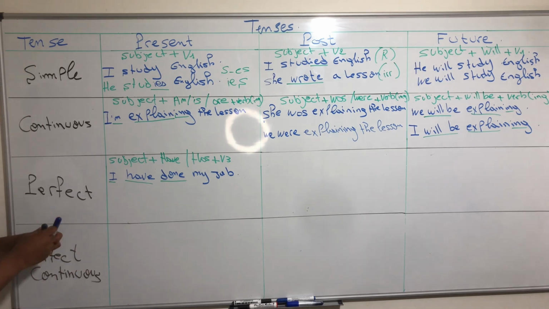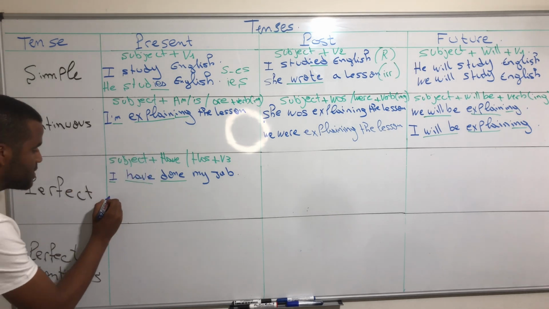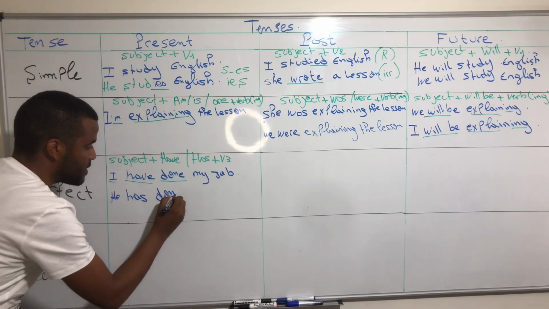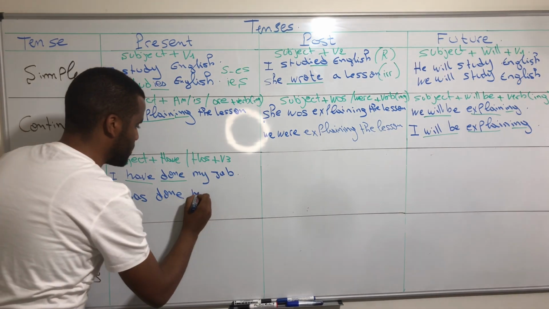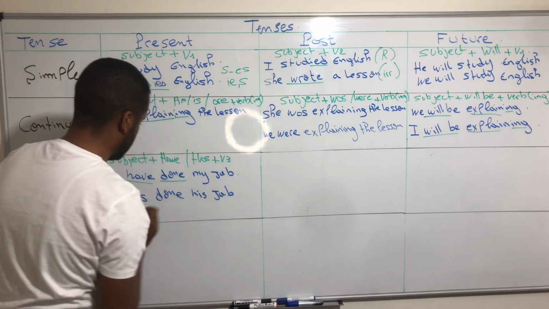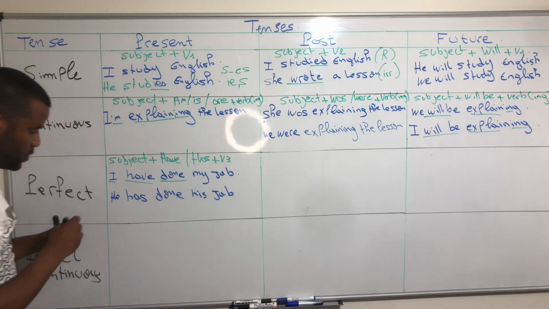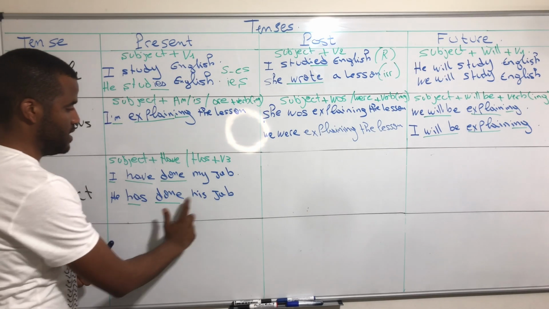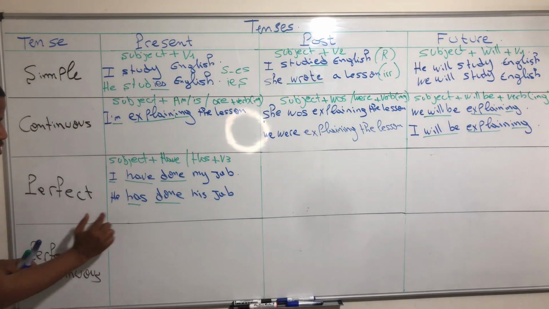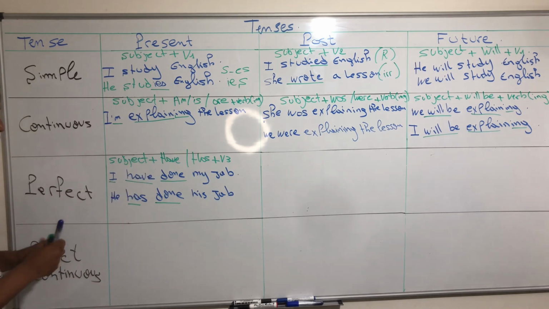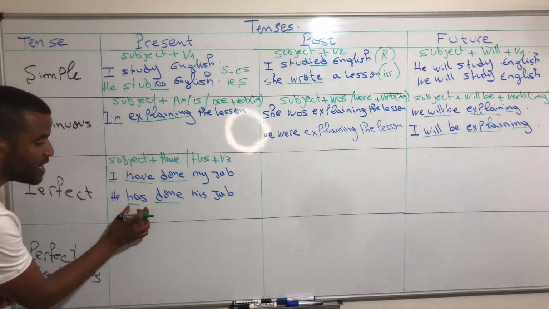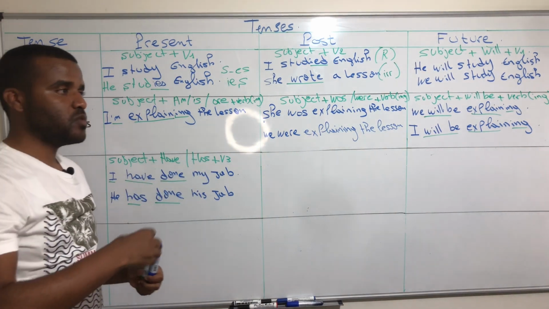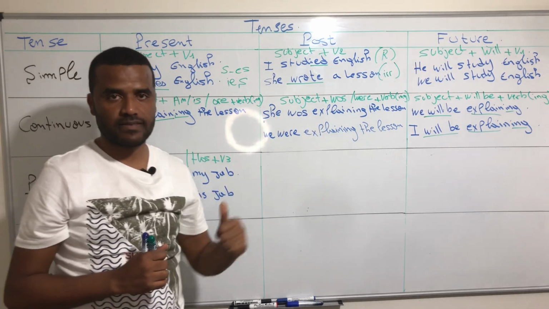Or when we have he or she or it, you can say he has done his job. We have has and the past participle of the verb do and the object. We have to pay attention when we have he or she or it: he has, she has, it has. So we can say Ismail has done this lesson.